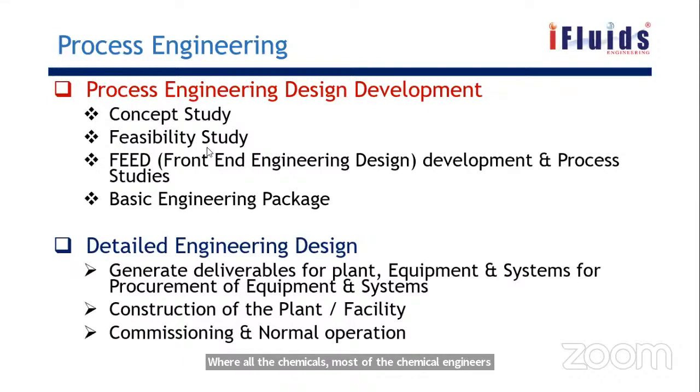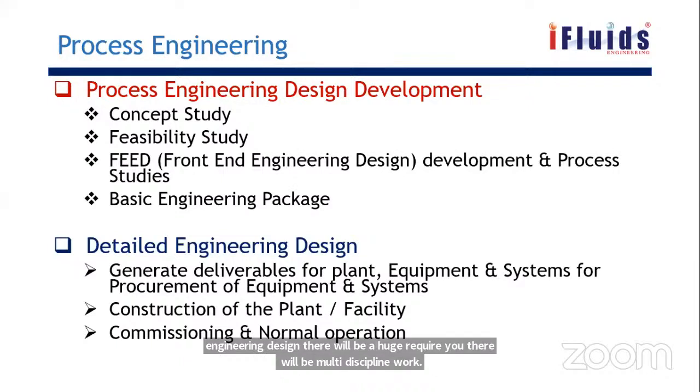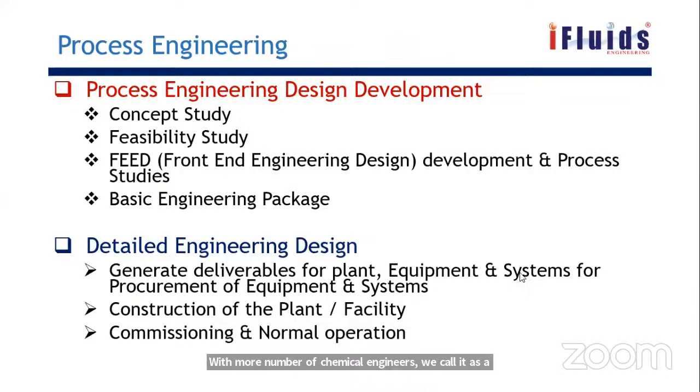In concept study, feasibility study, FEED, and basic engineering, the requirement of engineers will be less. In detail engineering design, there will be multidiscipline work with a larger number of chemical engineers. We call them process engineers. Detail engineering design is the main work, the major work for putting a plant.